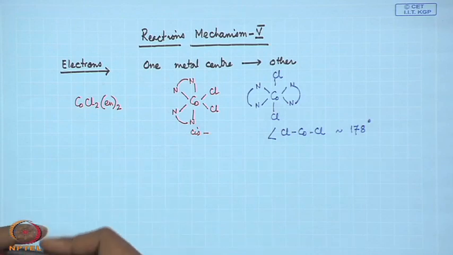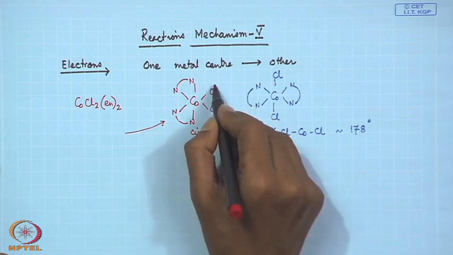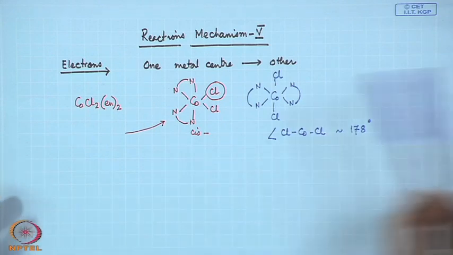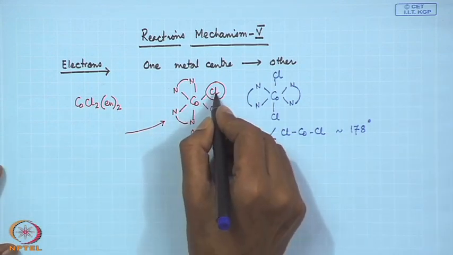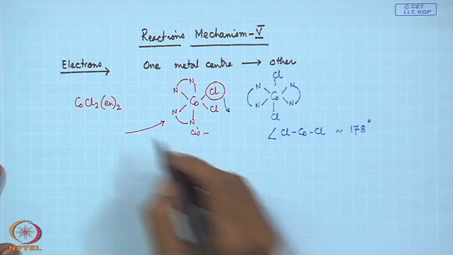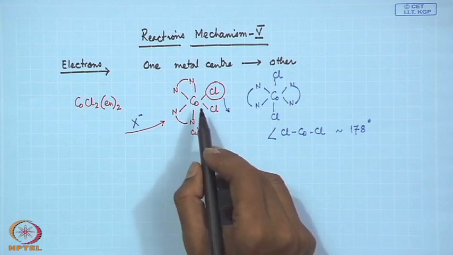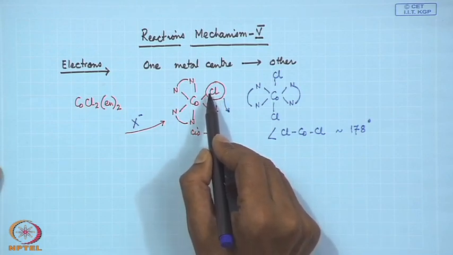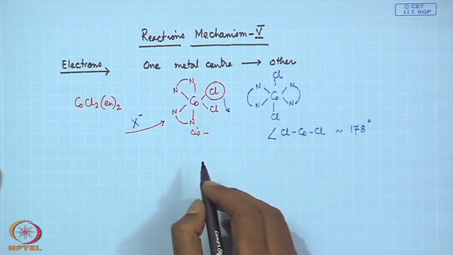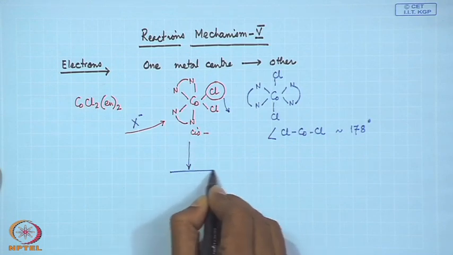When these 2 molecules react with some substitution, and if we consider that one of these Cl atoms is replaced by some other incoming group, that means this Cl can go out and some new group, say X minus, can enter and take the position of this Cl, or something is happening on the coordination sphere of this particular environment. So, we can have 2 options from there.